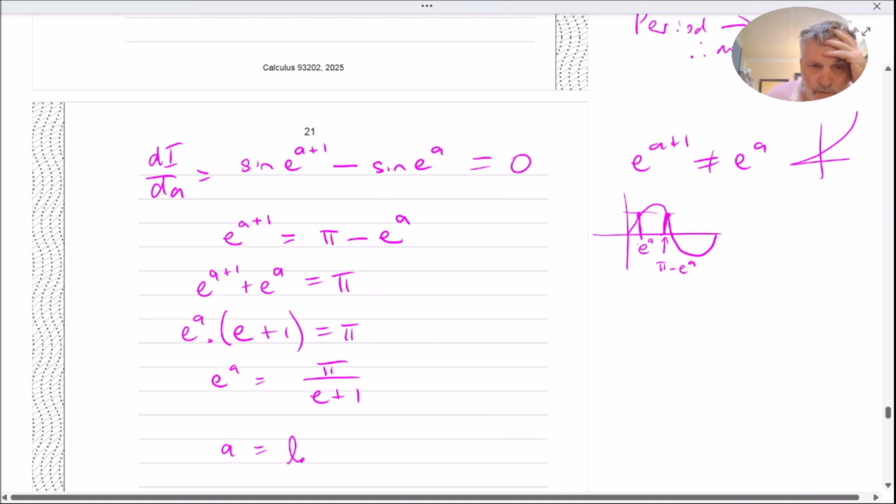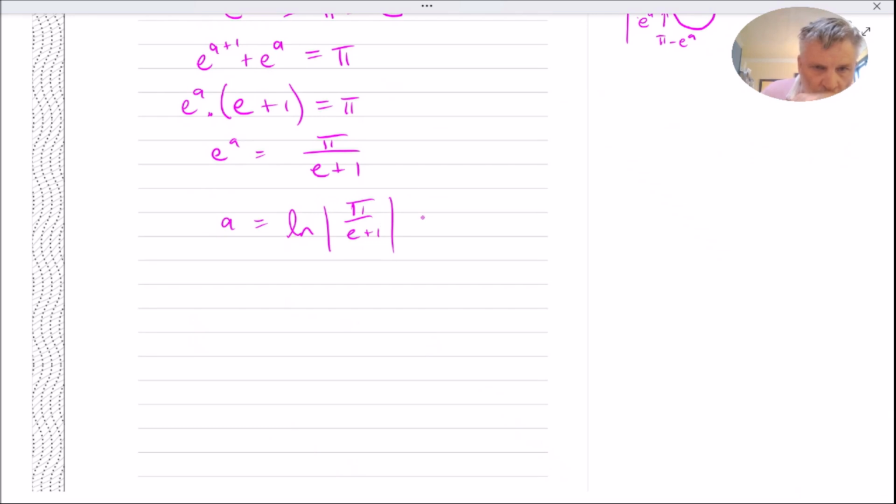A equals the logarithm of pi over (e plus 1). And you can work that out. Negative 0.169.